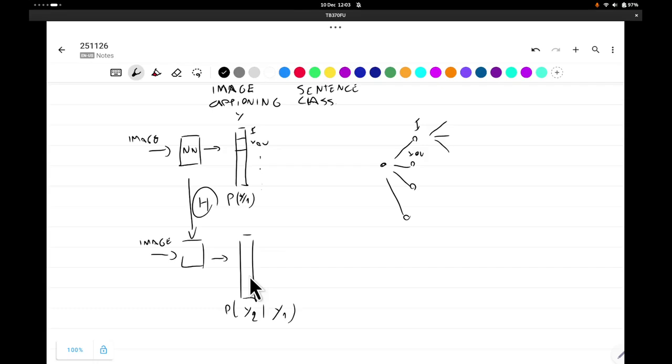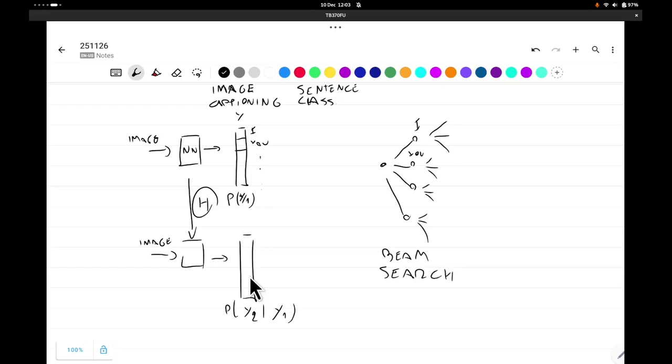And then for each of them, there is a possible continuation. And what is done typically is to say, okay, I select the outputs from the previous step that are most probable, and I consider only those for the next step. This is called a beam search.